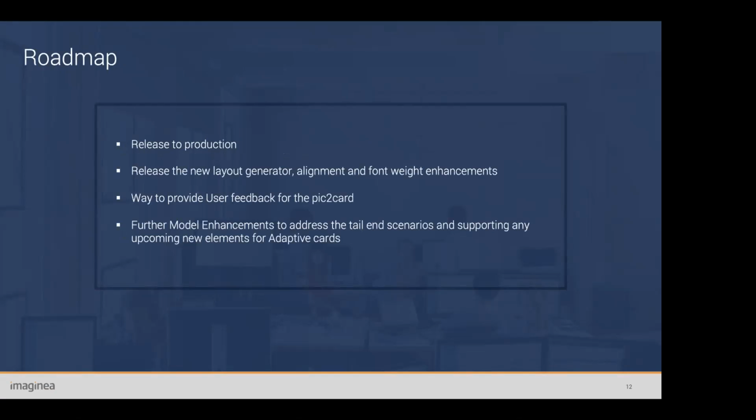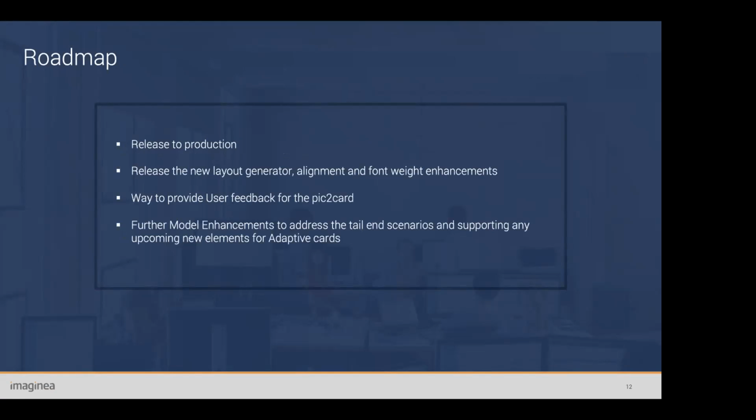For the roadmap, like Hari said, the first thing we would like to do is try to hit production in the main adaptive card designer. We also have upcoming layout optimization in the pipelines and font weight enhancements. Font attributes are quite tricky ones, so we can enhance them as much as possible to get the most accurate values.